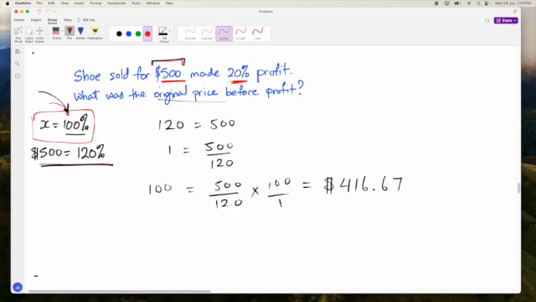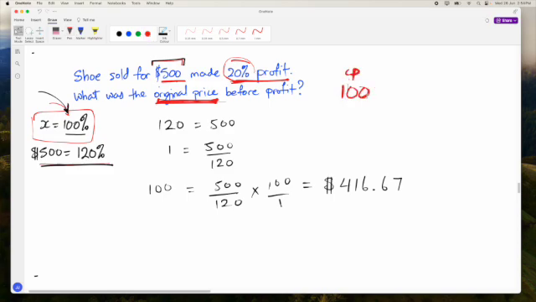This is one of those things where you have to realize the original price is the 100%, because what you're talking about here is after the profit. So that profit means you make more. So if you think about the original price as 100%, then that profit will be 20% above the 100. So that is 100%. That's your cost price.